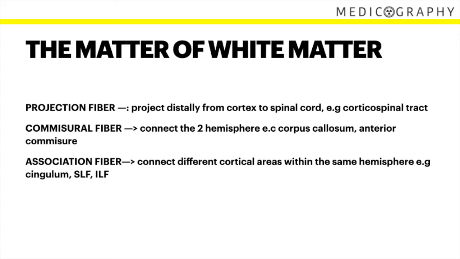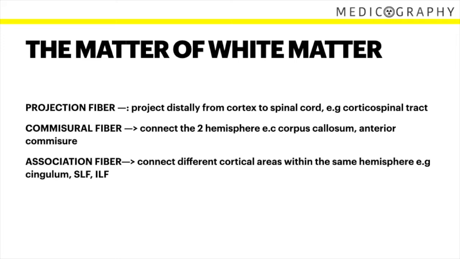I'm not going to talk about the certain abnormalities of myelination, or dysmyelinating or demyelinating disease, but in this video, I'm going to focus more on the fiber tract, on DTI. So there are three large groups of fiber tract in white matter.